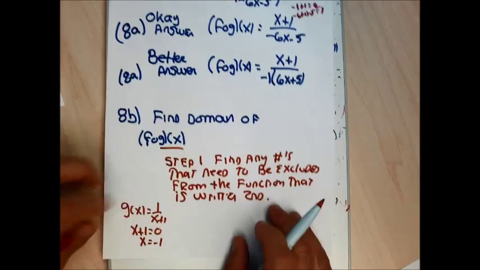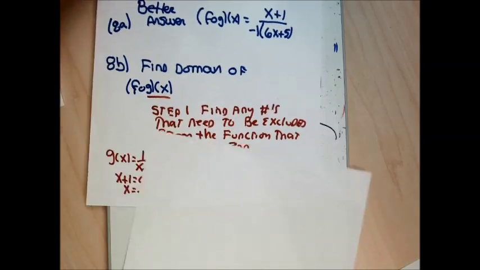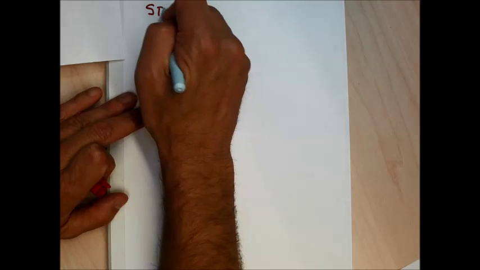There's another number, and there's another step here to find the domain of a composition of functions. The second step is to find any number that needs to be excluded from the domain of the answer.